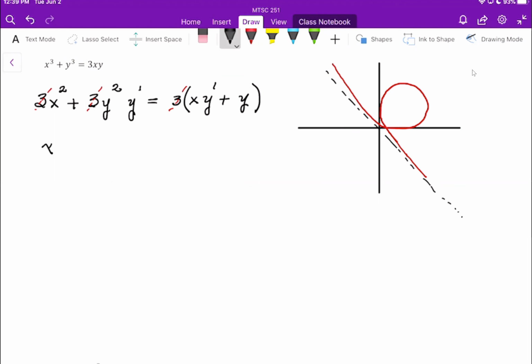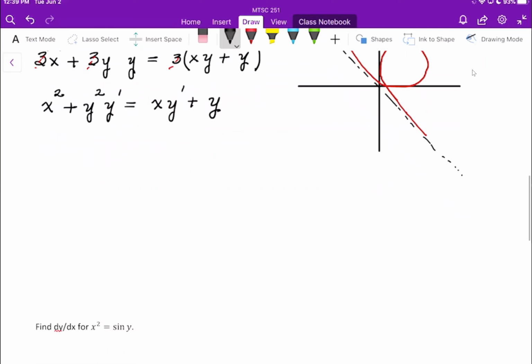So we have x squared plus y squared y prime is equal to x y prime plus y. And so now we're going to get y squared minus x times y prime is going to equal y minus x squared.